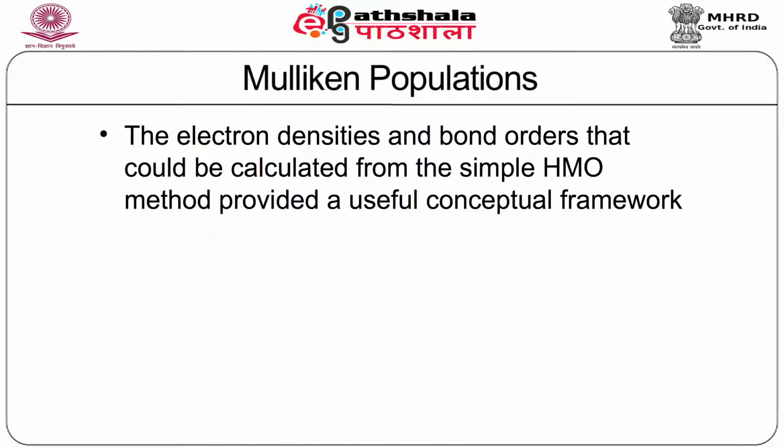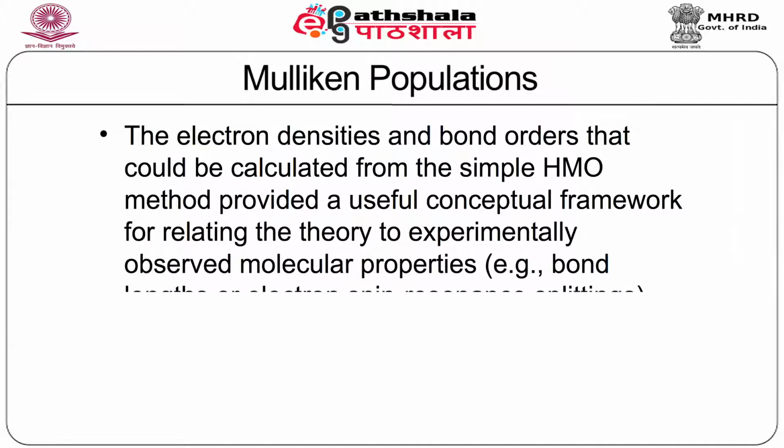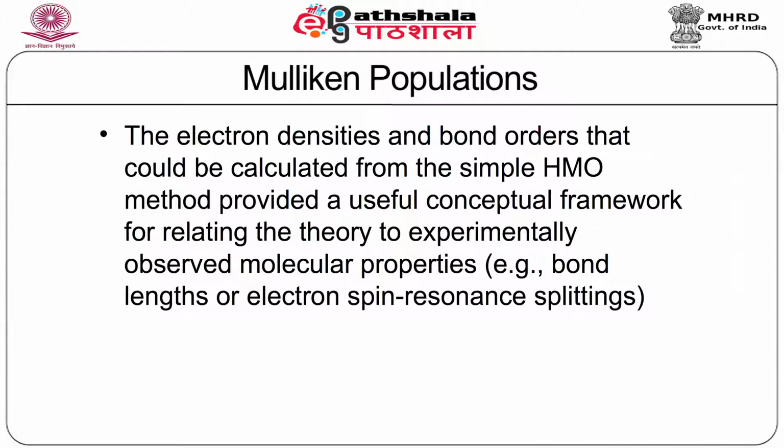The electron densities and bond orders that could be calculated from the simple Huckel molecular orbital method provided a useful conceptual framework for relating the theory to experimentally observed molecular properties, for example, bond lengths or electron spin resonance splittings.